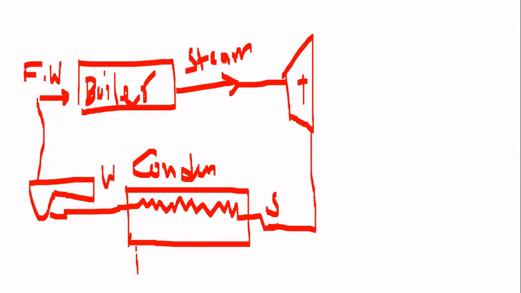In this equipment, we are letting water flow like this. Cold water will be entering the condenser. It will take the heat from the steam, which will cause condensation of the steam, and it will be converted into water. And when this water comes out, it will be warm water. Is this part clear?